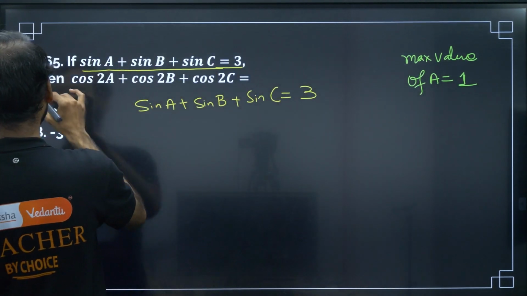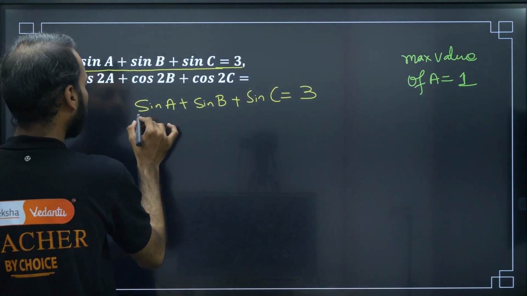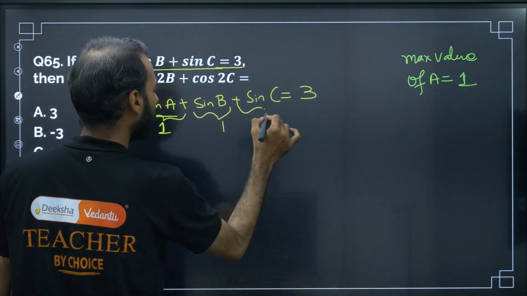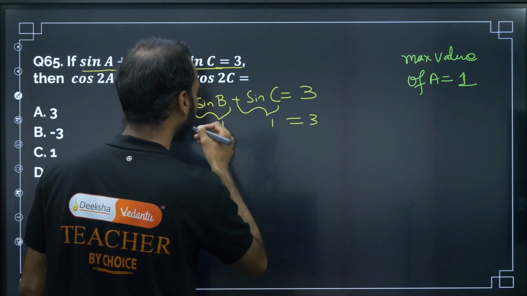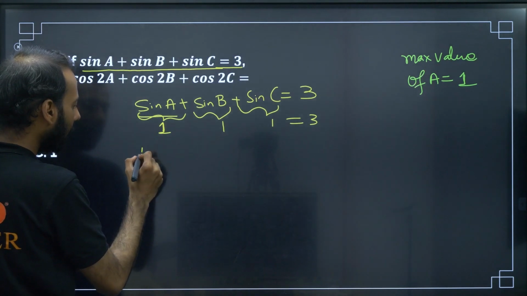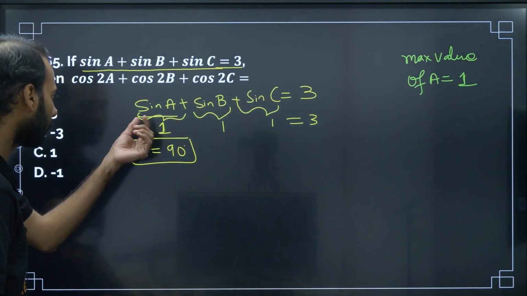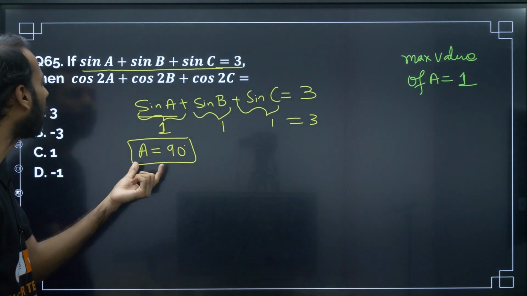If you see this equation, suppose I assume this is 1, this is 1, so 1 plus 1 plus 1 is 3. That means A is equal to 90 degrees. Sin A is 1 means A is equal to 90 degrees.